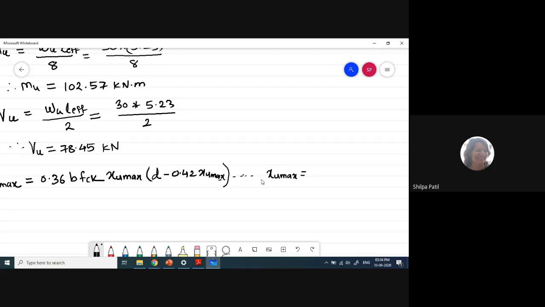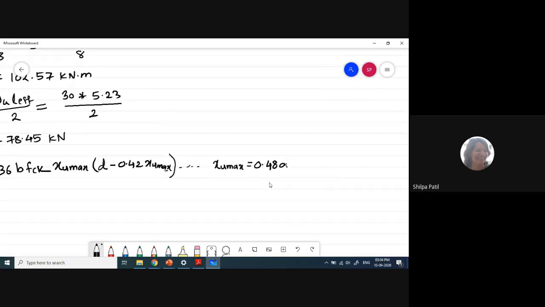How to find out Xu max? 0.48 into d. It is based on the grade of steel. Correct. So what value are we getting? 216 mm, right? So put all these values here.